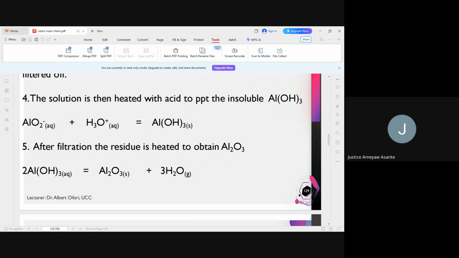Then after you have done that, you heat it, and the hydroxide part will vaporize to form the aluminum oxide. What is Al2O3? Aluminum oxide means it does not contain any water as impurities because we've now heated it.